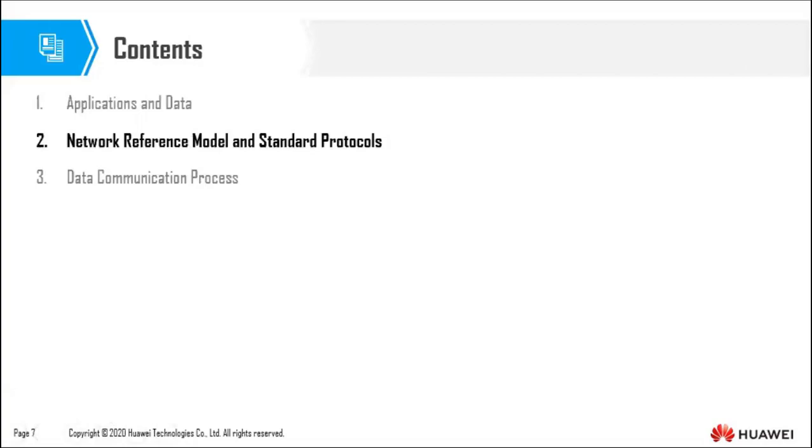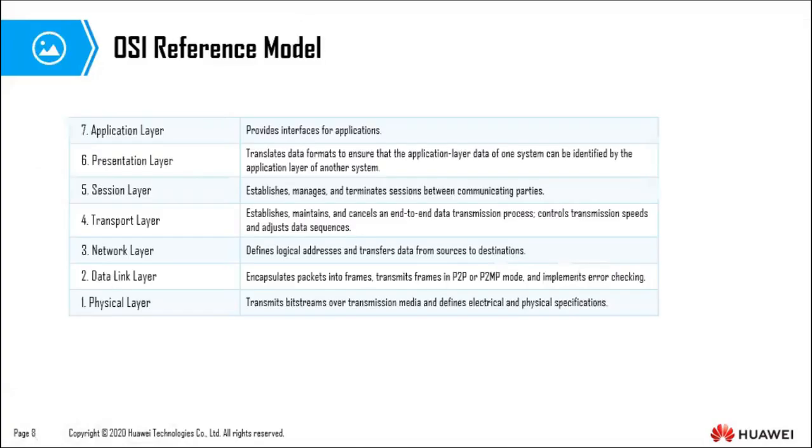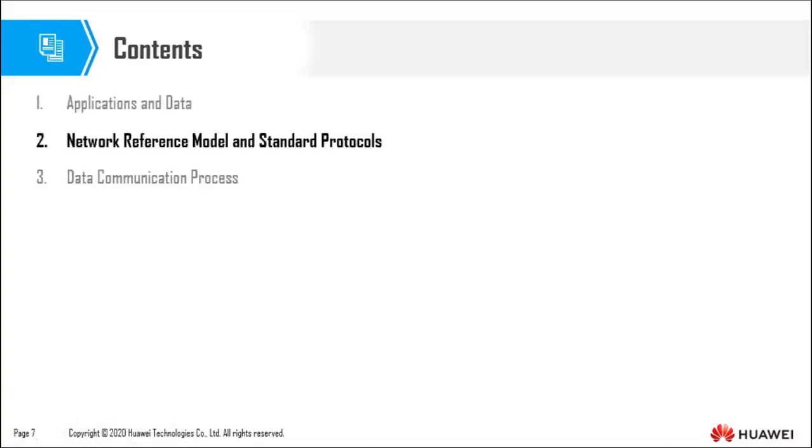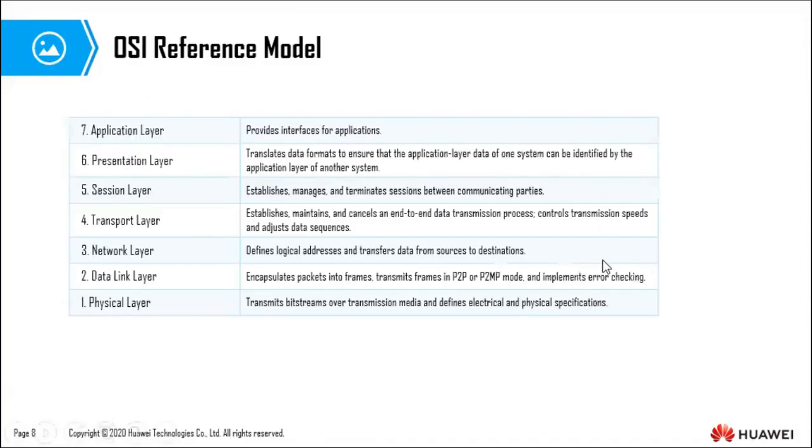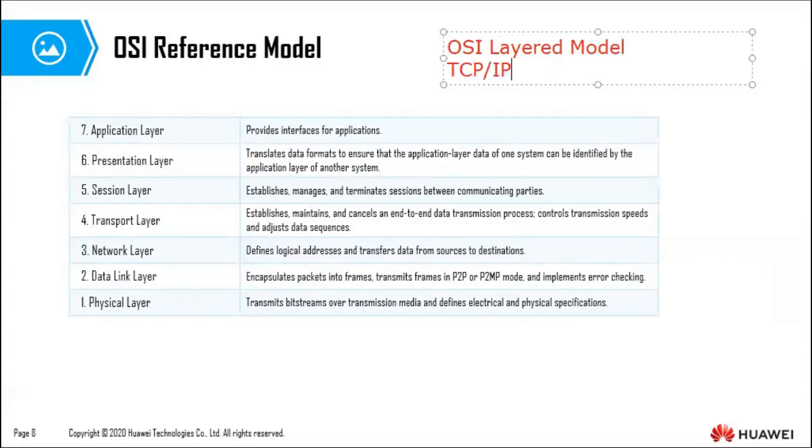Okay, so now let's go into what we call the network reference model. Here we are going to look at a number of protocols that are used to do this. Generally, the reference models that we're going to look at are, number one, the OSI layered model, and the second one is TCP/IP, which is also a layered model.